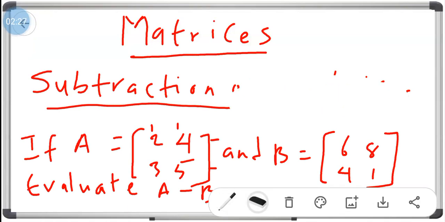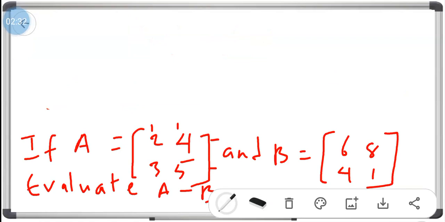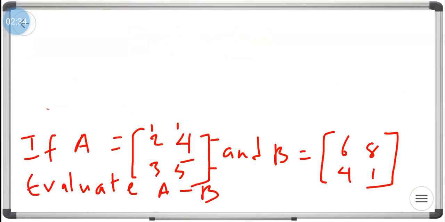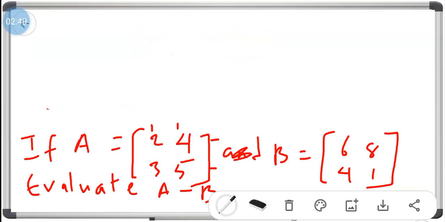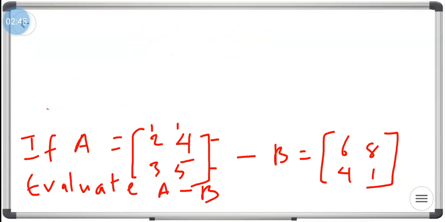We are told to evaluate A minus B. Don't forget how we normally add and how we normally subtract. The way we add is also applicable to subtraction.